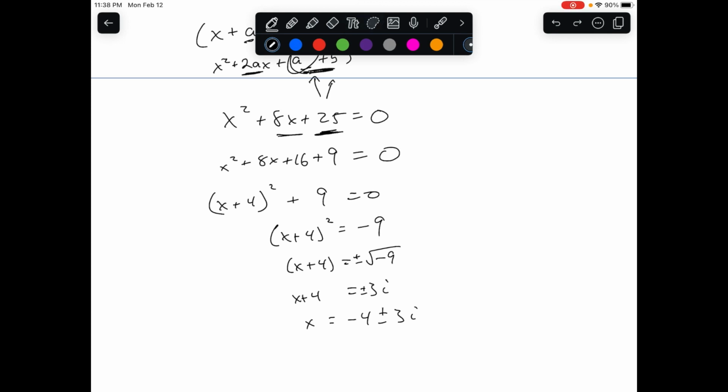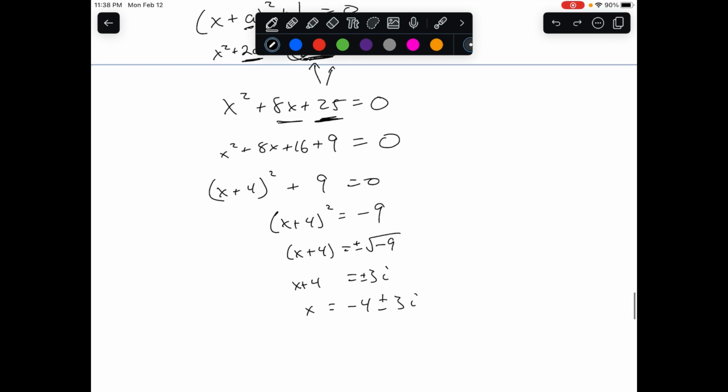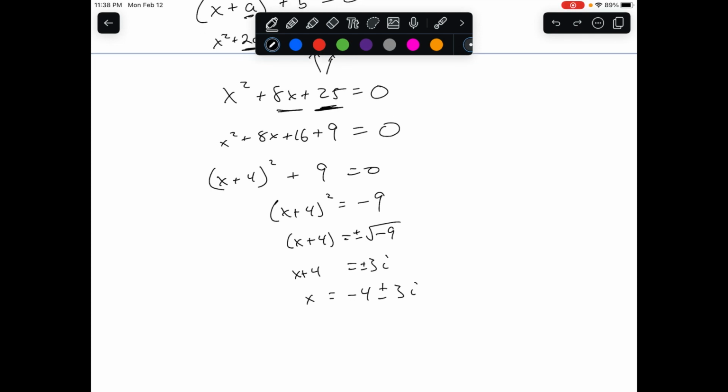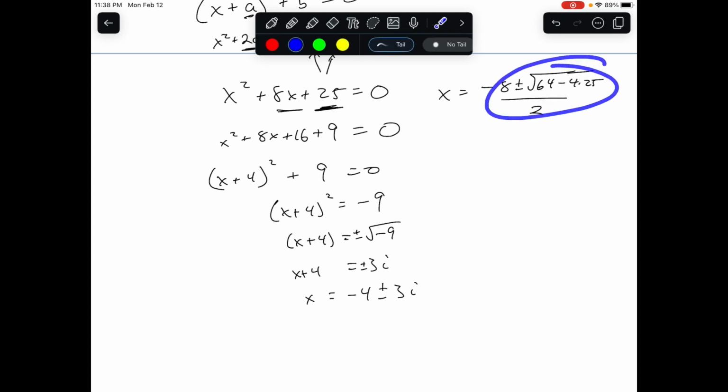The quadratic formula is a surefire formula that always works for these things. So it's x equals negative b plus or minus square root of b squared minus 4ac all over 2a. So this to me is very tedious. This to me is more intuitive. And so you could do this.